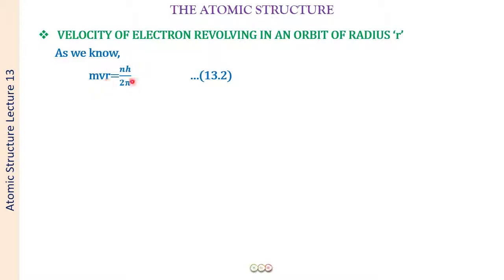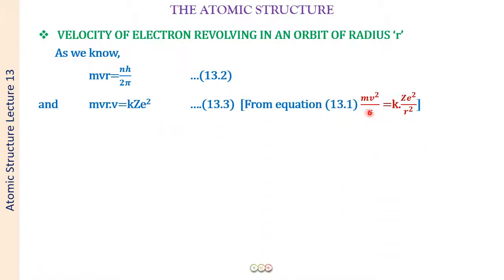So mvr is equal to nh over 2 pi. This equation and Rutherford's equation, both of these are utilized in the derivation of all the velocity, radius, energy, etc. So let us see how we first derive the velocity.